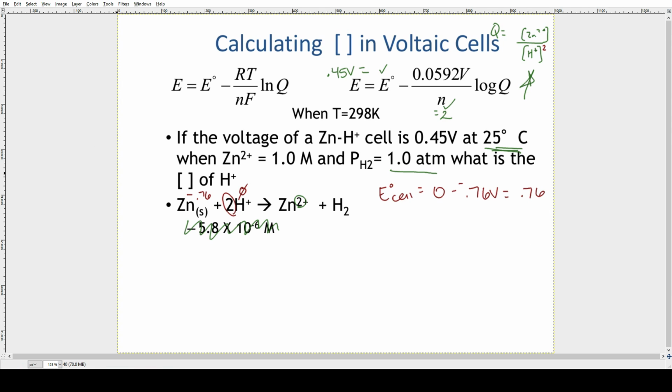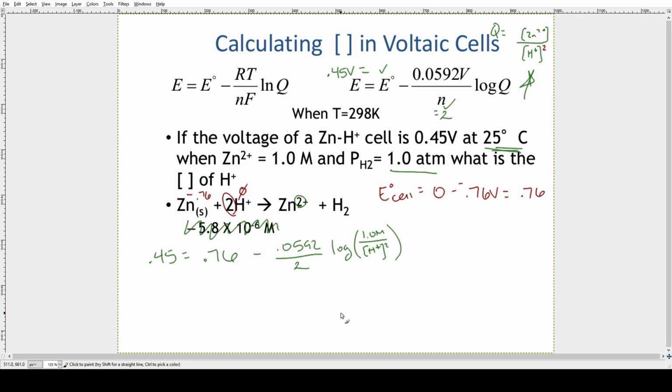So let's plug these numbers in now. 0.45 is equal to 0.76 minus 0.0592 over N. We said that 2 electrons are being transferred, times the log of Q, which is my zinc concentration. I have that. Over my hydrogen concentration squared.